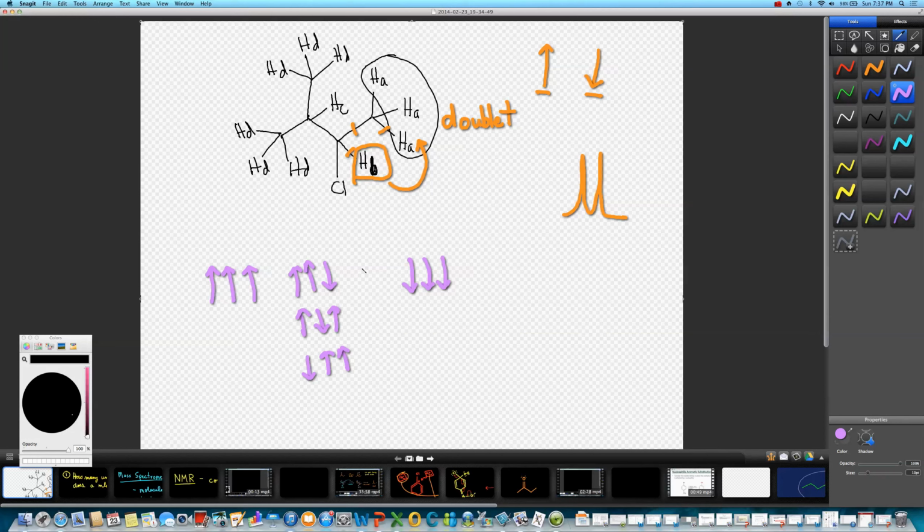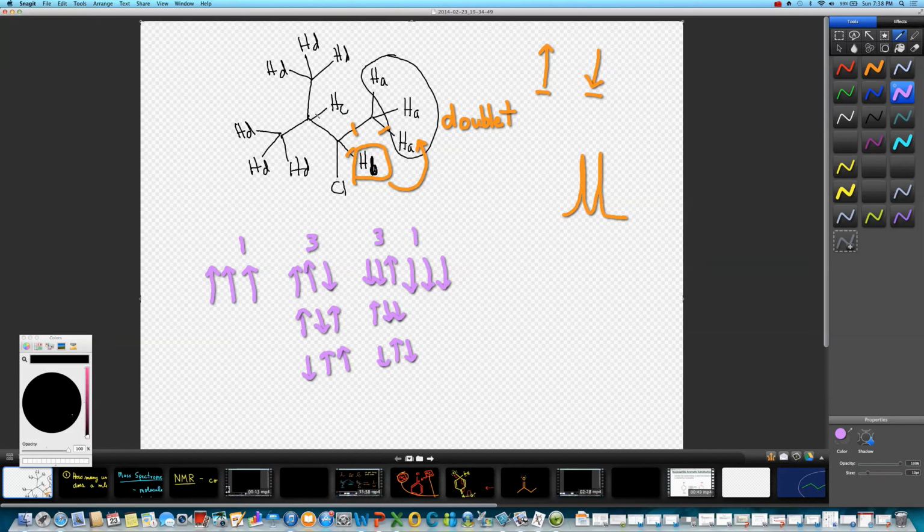And the same when I go 2 against and 1 with. Notice the ratio here is a 1 to 3 to 3 to 1. So by HA, HB is split into 4 peaks in a 1 to 3 to 3 to 1 ratio.